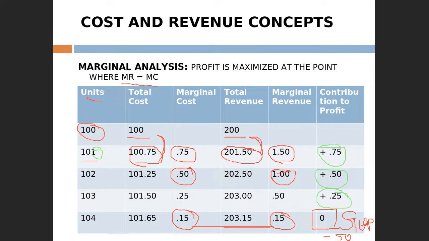Yeah, these are just example numbers, to show you what happens in terms of contribution to profit, and to show this relationship: you're not adding anything to profit when marginal revenue is equal to marginal cost. Okay, thank you.